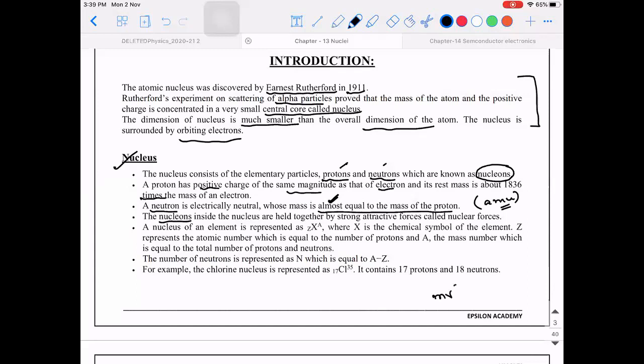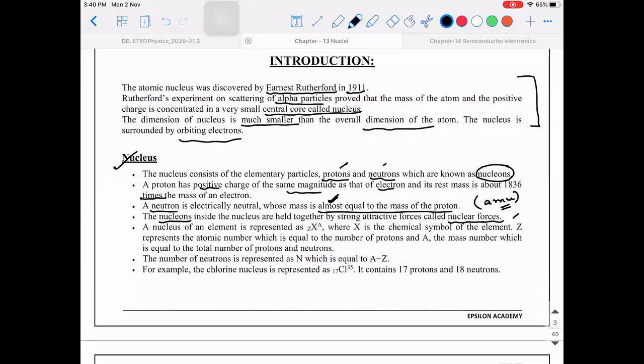It is the electrostatic attraction that is existing. In a similar context, the way protons and neutrons are bound together is because of a force called nuclear force, which is very much stronger. So remember this word, nuclear forces, strong attractive forces.